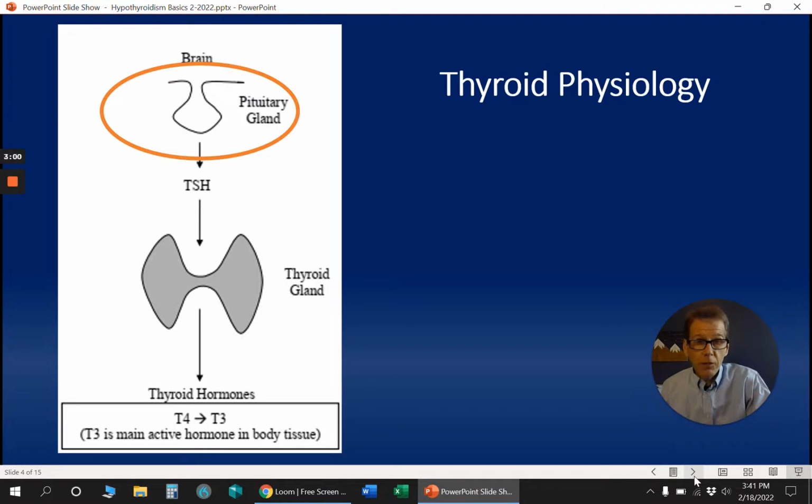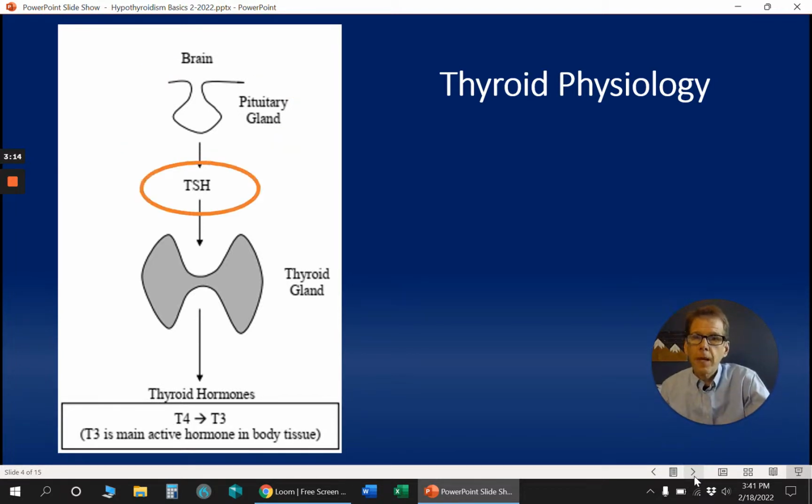Now, the thyroid gland is under the control of a little gland back behind your eyeballs, under the front part of your brain called the pituitary gland. The pituitary can actually sense how much thyroid hormone is in the blood, specifically how much T3 is available to the pituitary. And it then regulates this hormone called TSH, or thyroid stimulating hormone, in order to try to keep the thyroid at the right level. So it's kind of like the thermostat regulating the furnace.